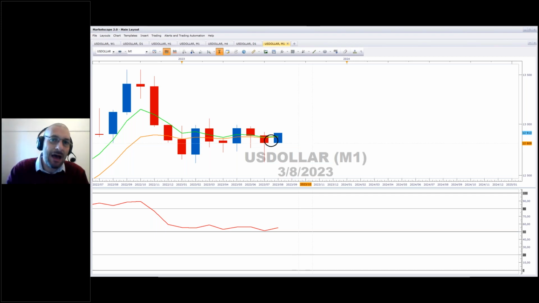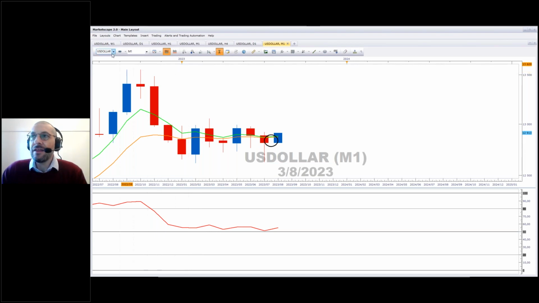If we look at pound US dollar, the dollar is the denominator. Even if we look at gold US dollar, the dollar is the denominator. So clearly the dollar is an important instrument for us to consider. The fact that it's moving sideways means that the denominator side is moving laterally. So if the dollar side is moving laterally, a lot of the movement is going to be determined by the numerator side.